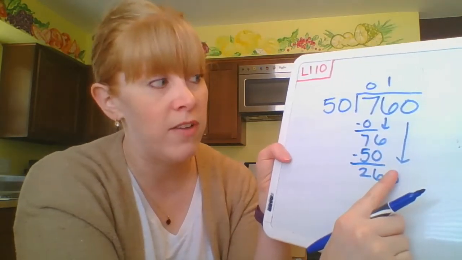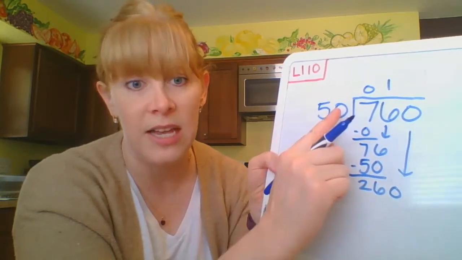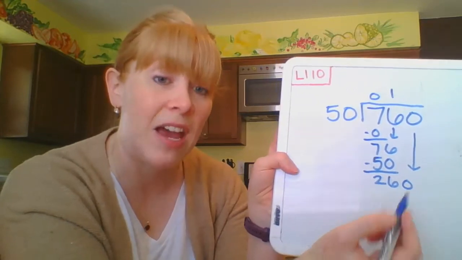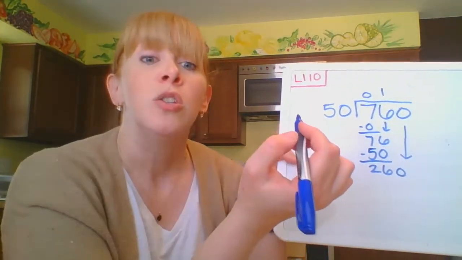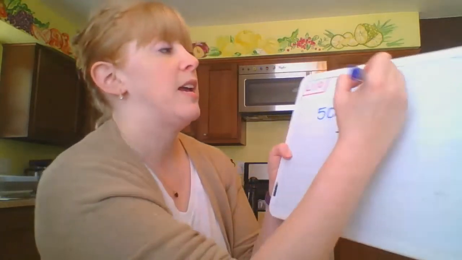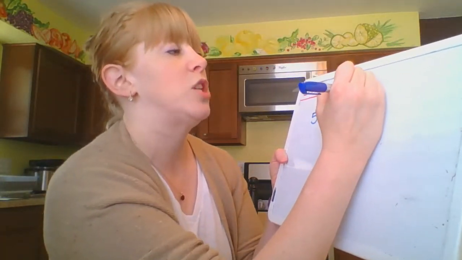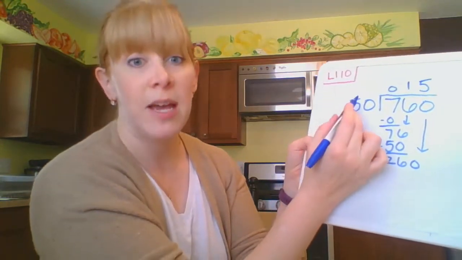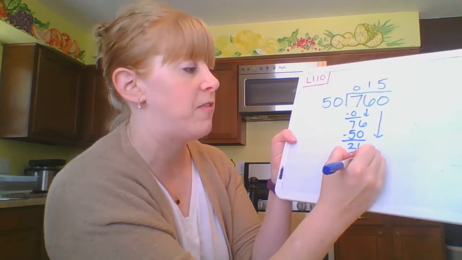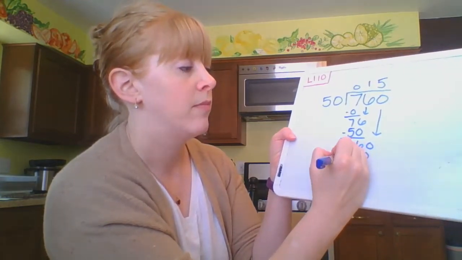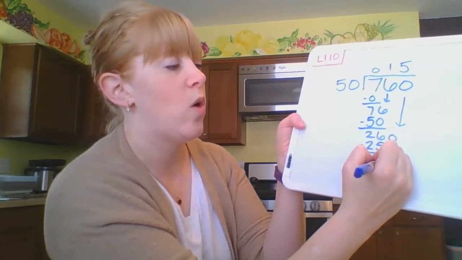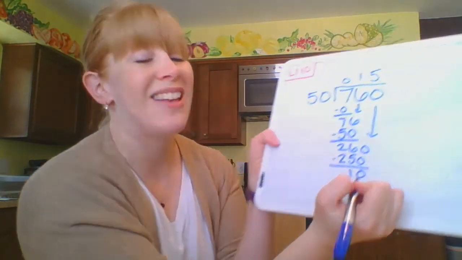So I'm going to ignore the very last digit in my dividend, the very last digit in my divisor, and I'm going to think about what is 25 or 26 divided by 5. 26 divided by 5, I can fit 5 into 26 5 times. So I'm going to put 5 in my quotient. 5 times 5 is 25 plus my 0 on the end is 250. 6 minus 5 is 1. 2 minus itself is 0.